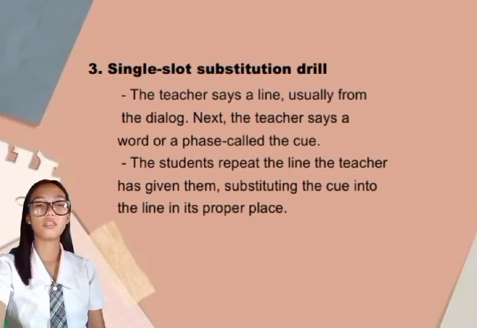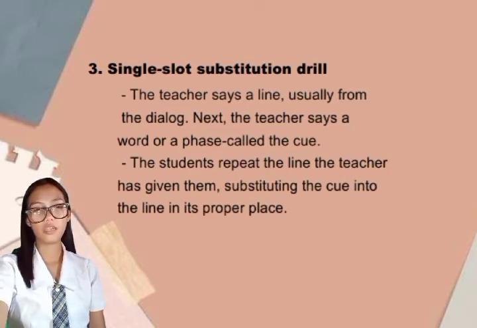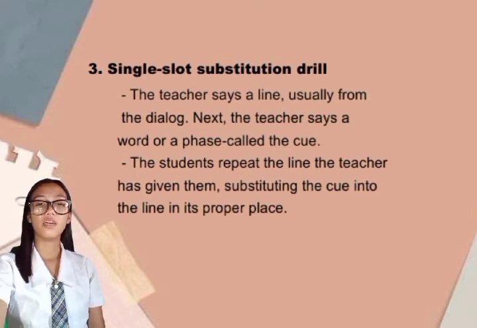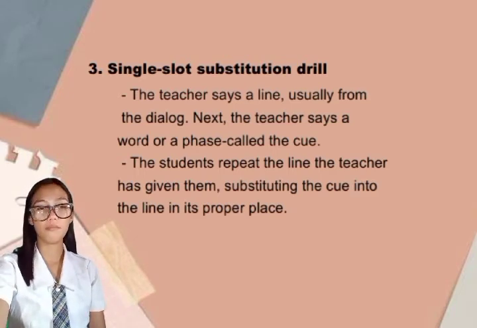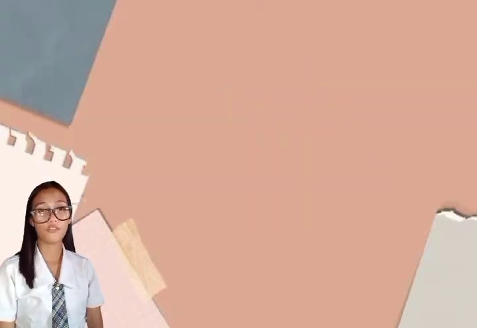The teacher says a line, usually from the dialogue. Next, the teacher says a word or a phrase called the cue. The students repeat the line the teacher has given them, substituting the cue into the line in its proper place. So, the major purpose of this drill is to fill in the slot of a sentence.